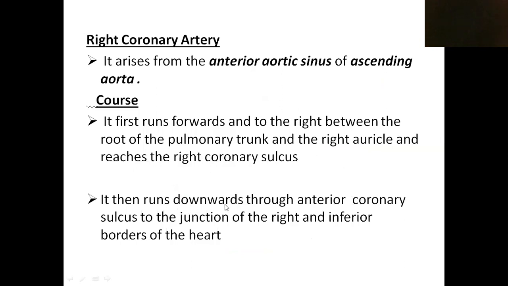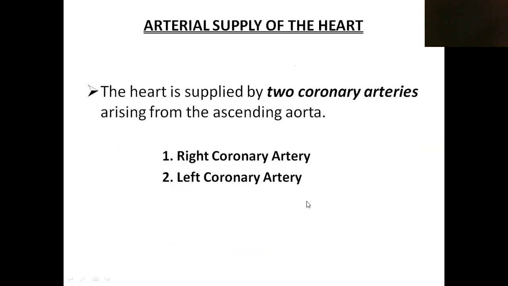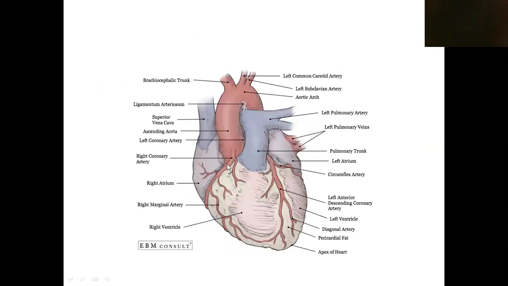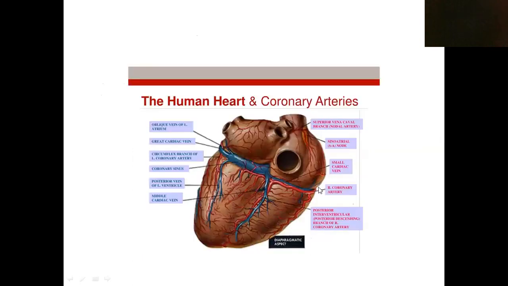So this artery runs downward through the anterior coronary sulcus. Then it winds from the inferior border and reaches the posterior right coronary sulcus. So here it runs backward through this posterior coronary sulcus and reaches this area.